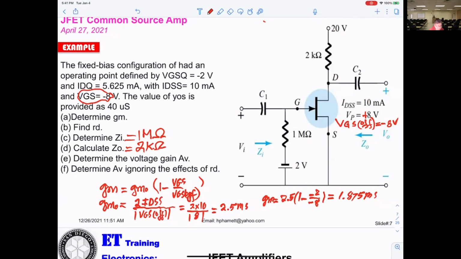We're not doing number E. On number E, they want to calculate using also the internal output resistance of the JFET, meaning RD. We're doing number F. What's the formula? Should we be using GM times the big RD?